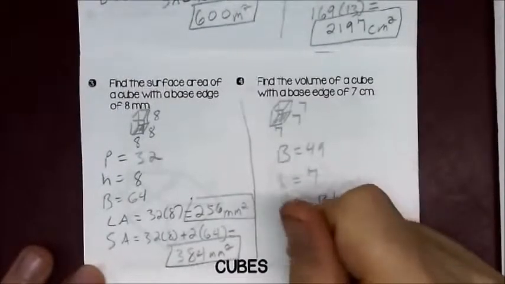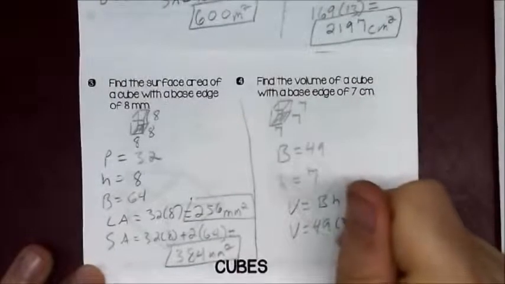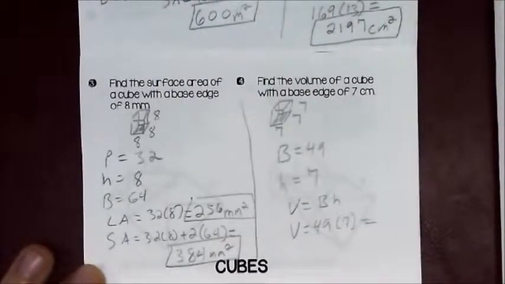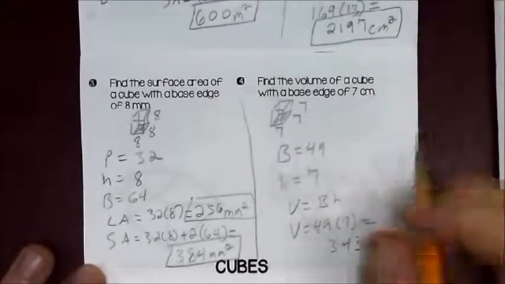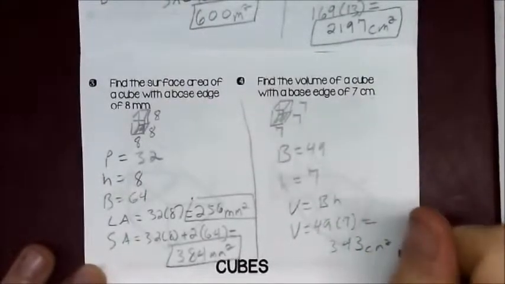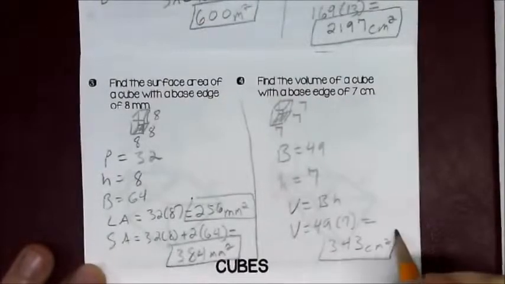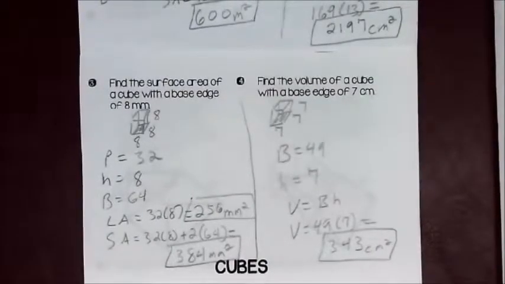Volume equals the area of the base times the height, so the volume equals 49 times 7, which is 343 centimeters squared. And that is how you find the volume and surface area of rectangular prisms and cubes.